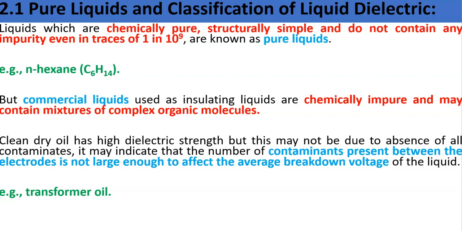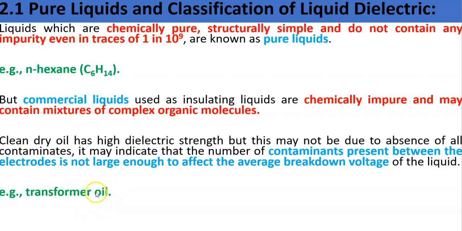The oil volume between the electrodes may not have impurity. And even if contaminations are available, they will not affect the average breakdown voltage, meaning they will not be located exactly between the electrodes. So an example is transformer oil.